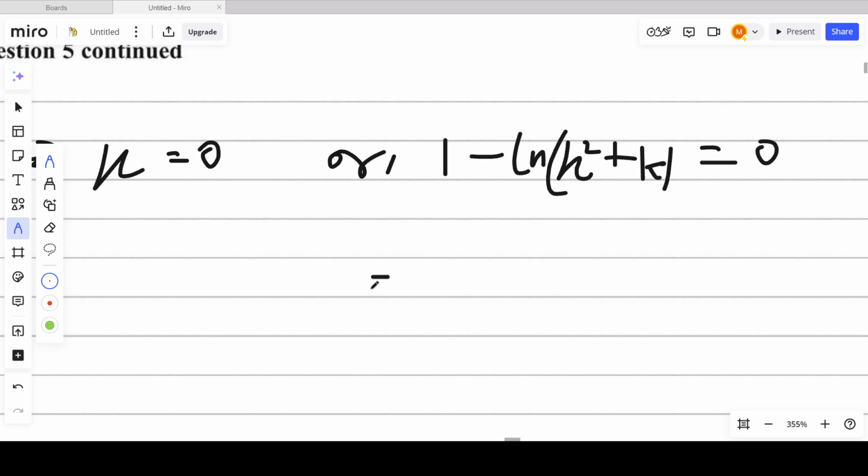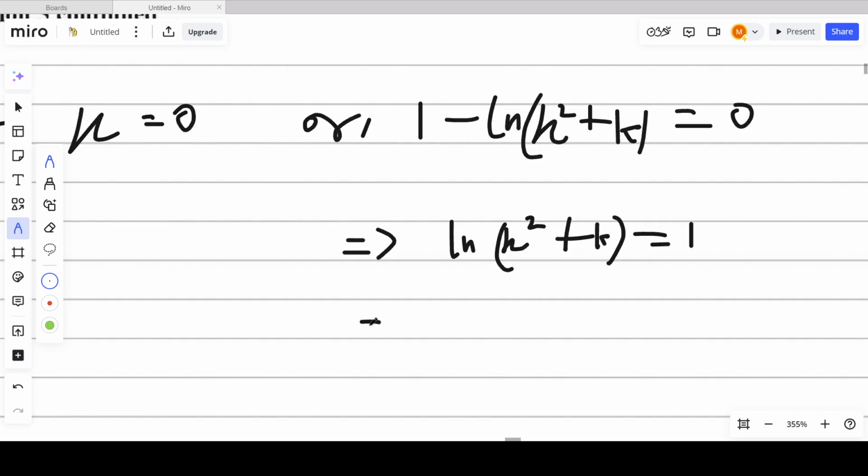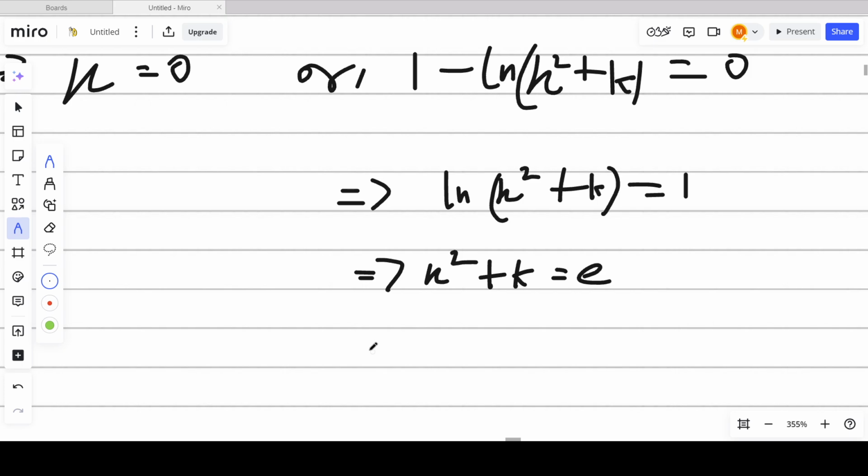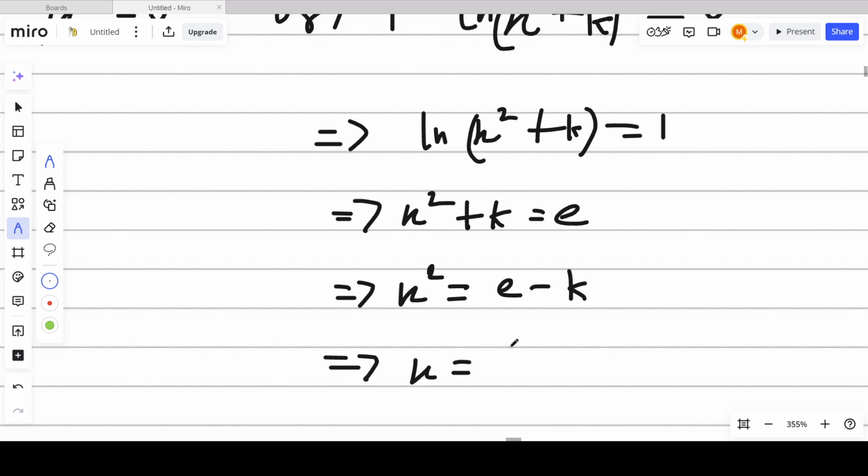Now from there we need to make x the subject. Take ln(x squared plus k) to the other side and you will get 1. So x squared plus k equals e to the power 1. So x squared equals e minus k, and x would be plus minus square root of e minus k.